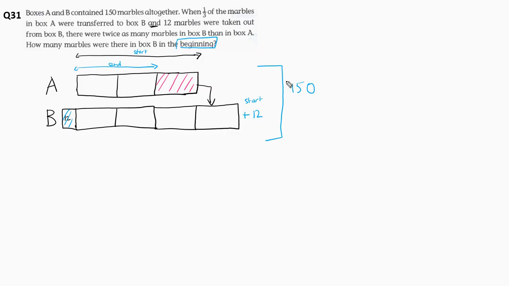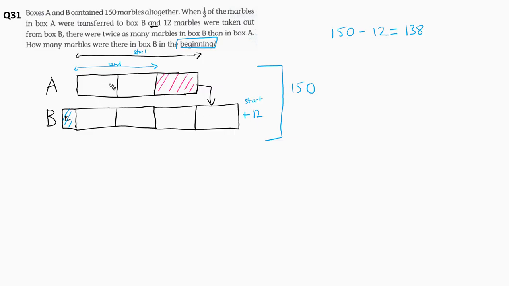But we also have to remember that this 150 includes this 12. So we need to take 12 away from 150, and that will leave us with 138. And 138 is the total amount represented by these equal parts.